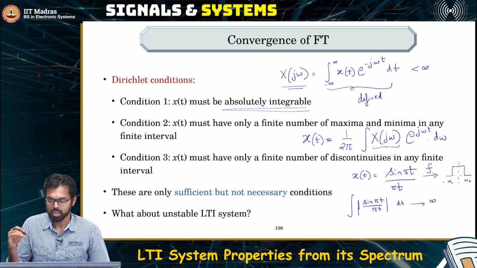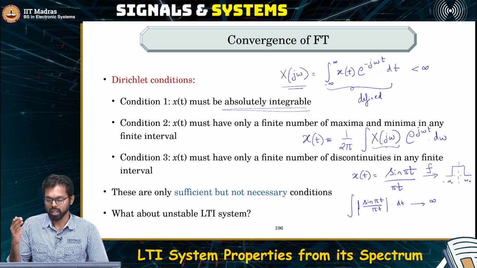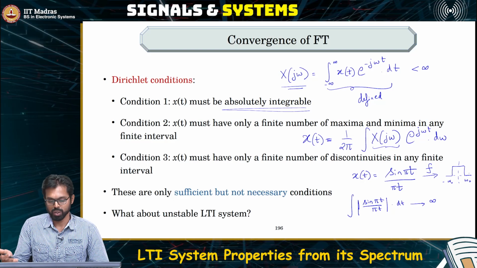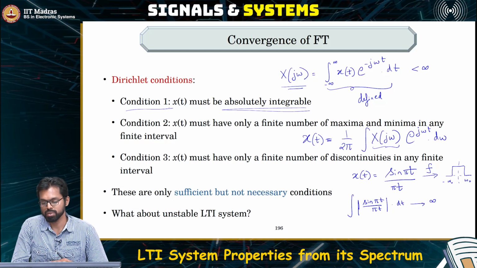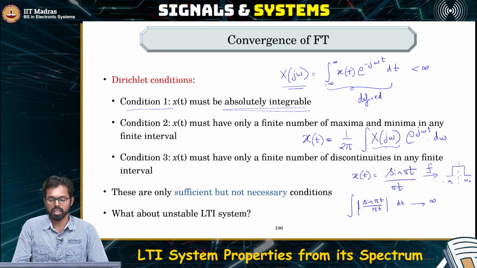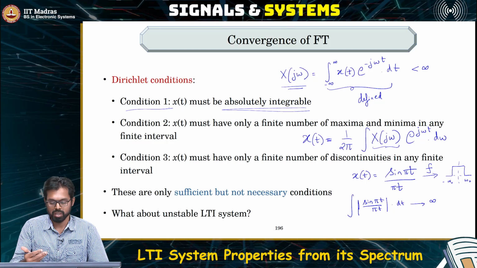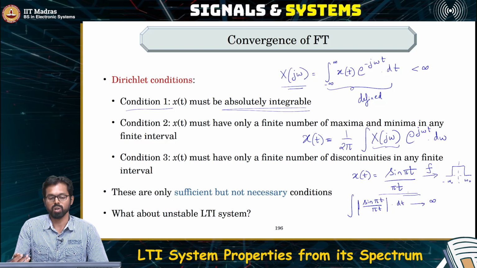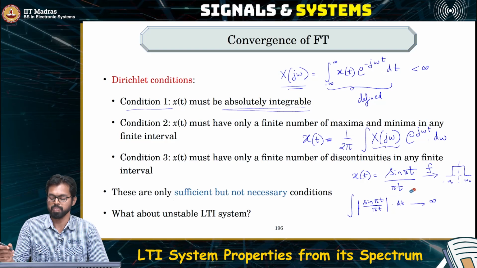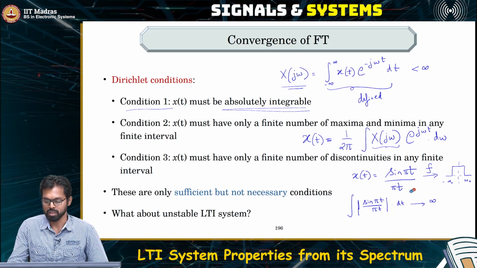So if this is a signal we know which does not satisfy the very first condition, but we are able to define its Fourier transform, then it means clearly that Dirichlet conditions are only sufficient but not necessary. So you can come up with signals where these conditions are not satisfied, but still the Fourier transform will exist.